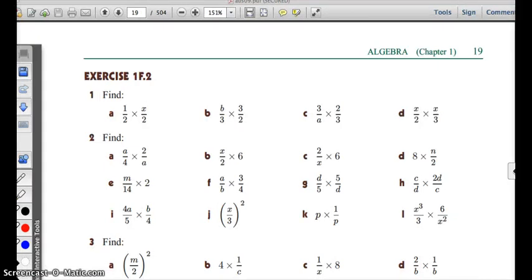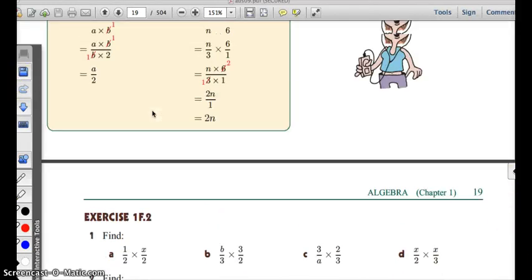Okay, just for those that are into 1F2 that may not have been through it yet, I'll just go through that. You'll see just slightly above, there are some examples to work from.